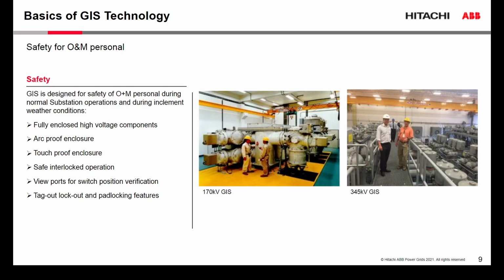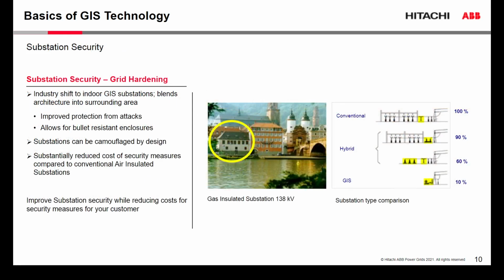Another aspect is security. Substation security is frequently discussed in this world after certain attacks on the grid, and I believe they are pretty much daily, even if you don't hear officially and publicly about it. There are NERC and FERC organizations talking about this substation security.